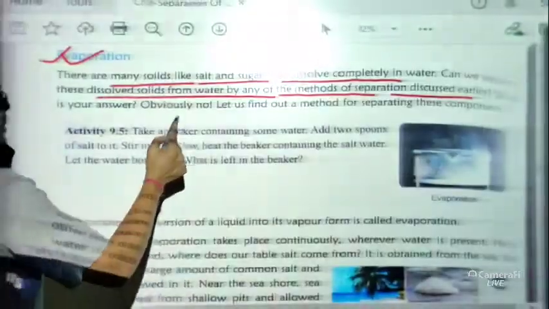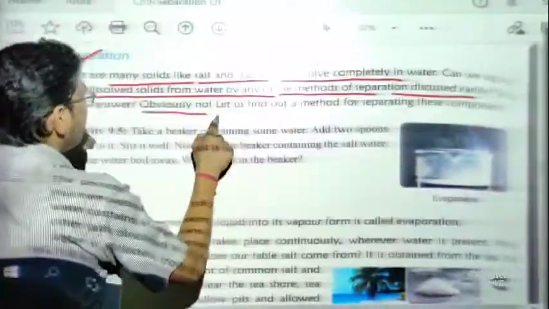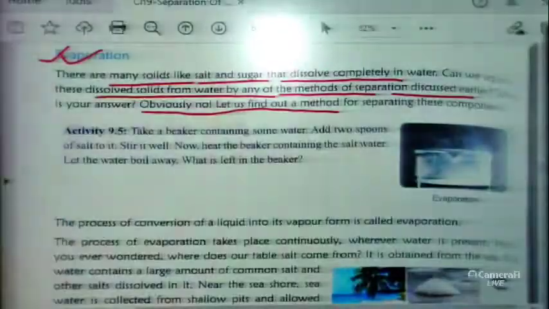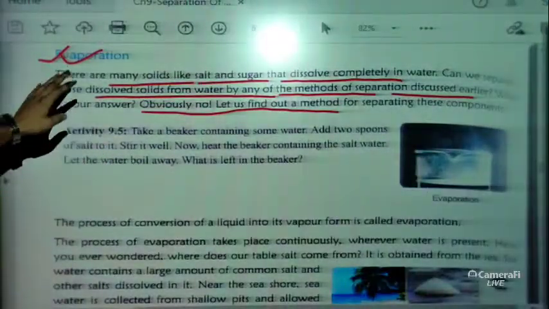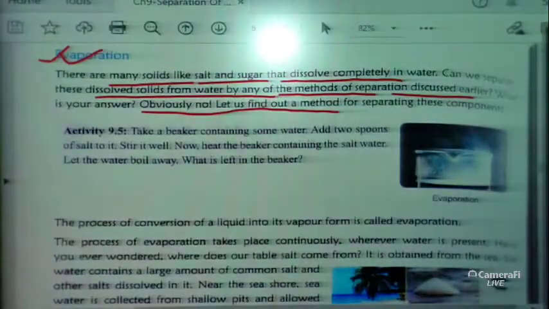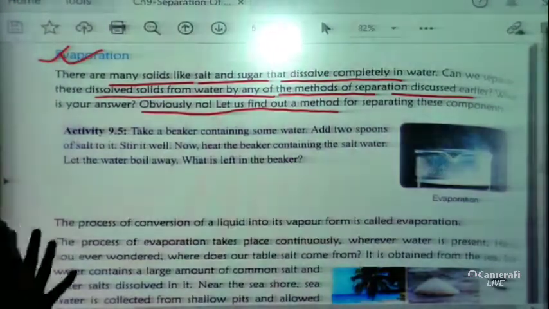So what can we do to separate these components? The answer is there is a process called evaporation. By using this evaporation process, we can easily separate the salt and water from a mixture of salt water.